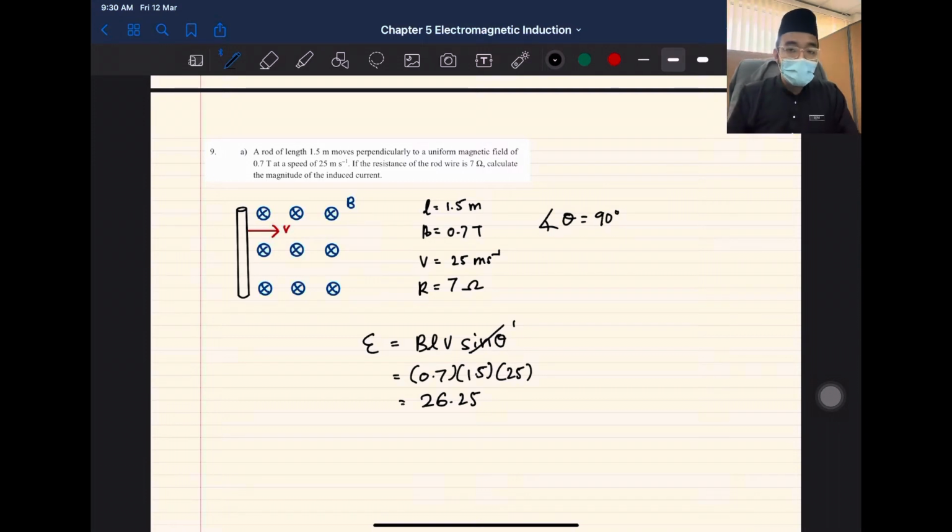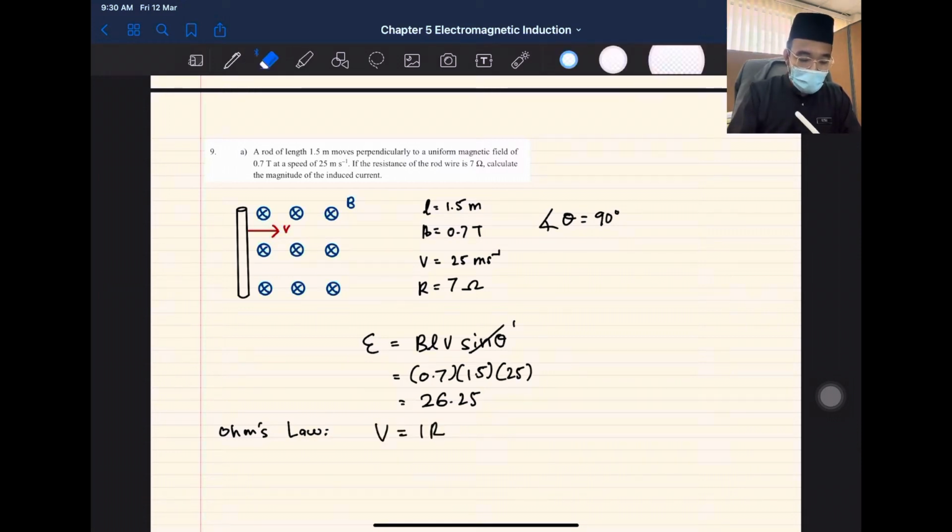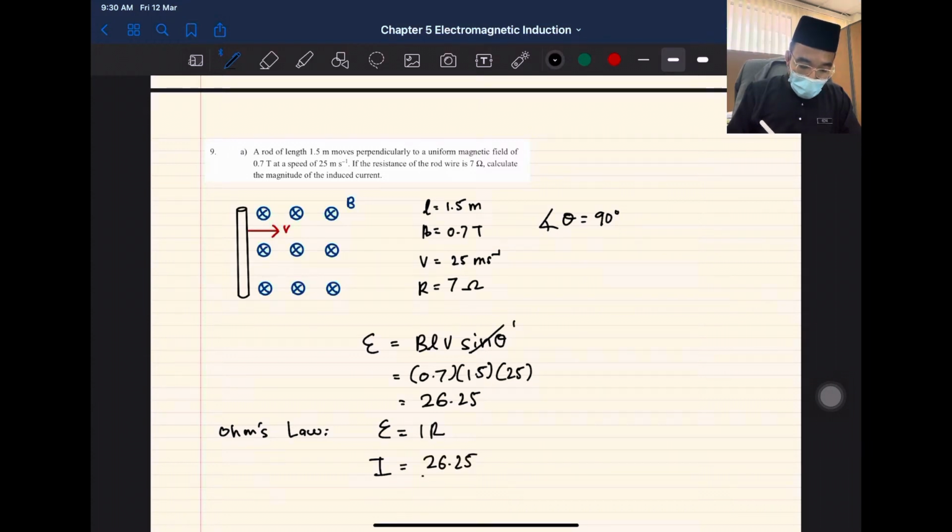If I want to find my induced current, I can use Ohm's law, where V equals IR. My V is basically the EMF, so I'm going to change that to EMF equals IR. I equals 26.25 divided by the resistance 7. So here I got 3.75 ampere.